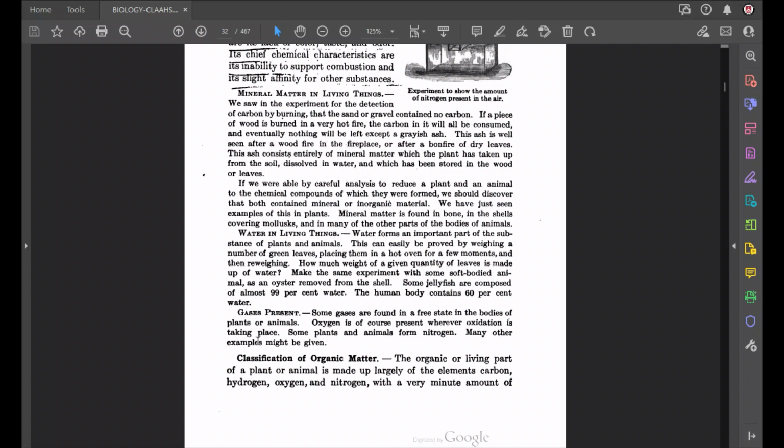Carbon, hydrogen, oxygen, nitrogen. Those are the 4 chemical elements that are the most important elements found in organic bodies, living or formerly living bodies. So in the study of biology, because we're studying organic living things, these 4 elements are very important for us to know about.